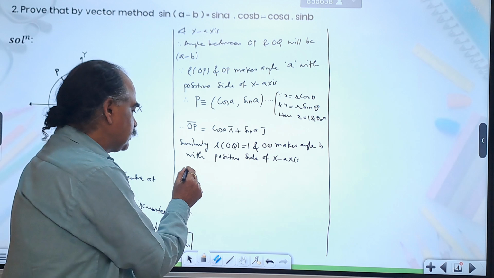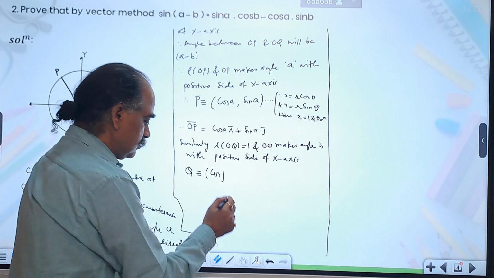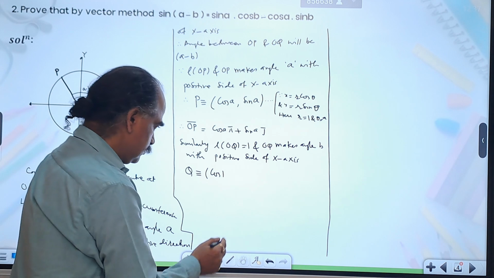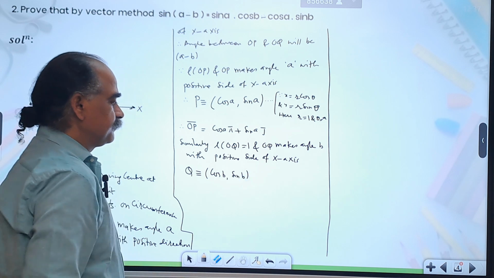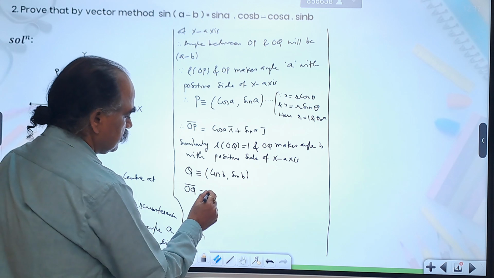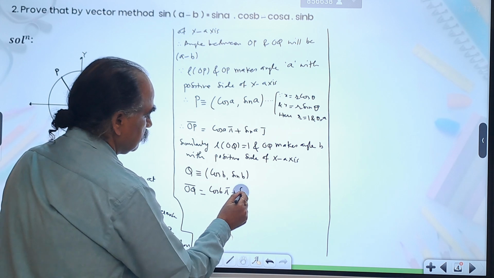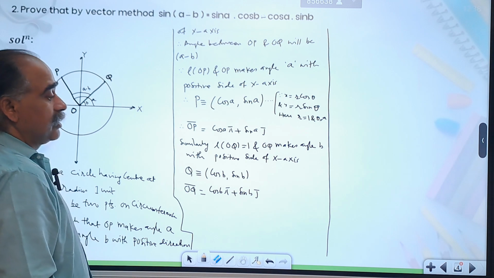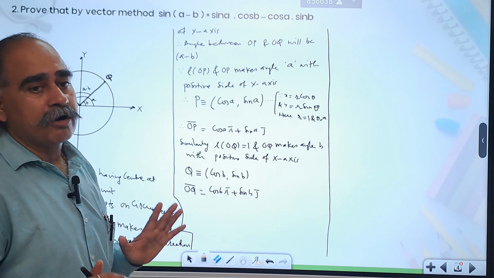So coordinates of Q will be cos B, sin B. So position vector of point Q with respect to origin is OQ bar, cos B I bar plus sin B J bar.